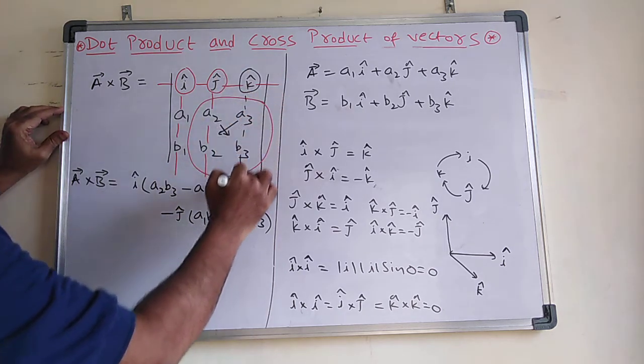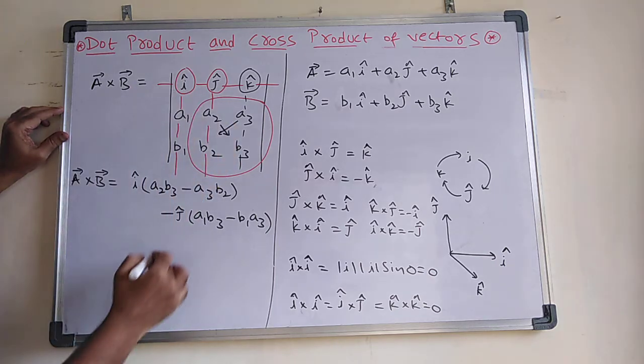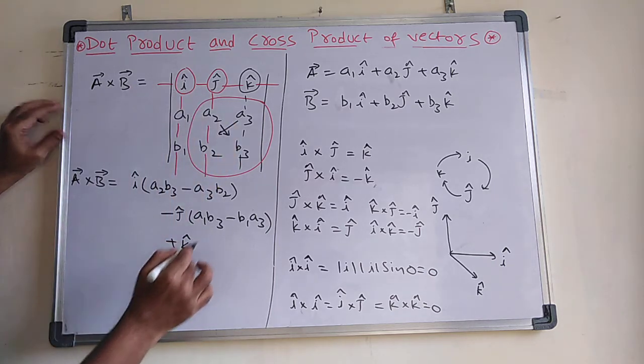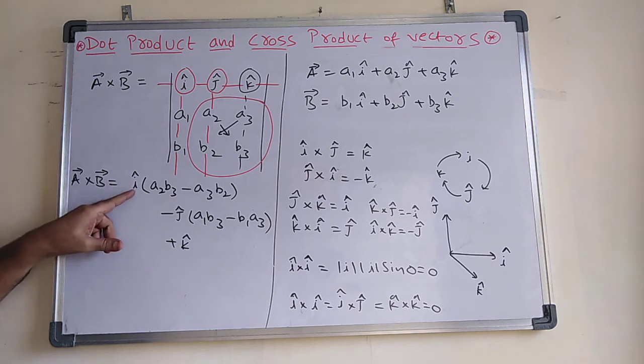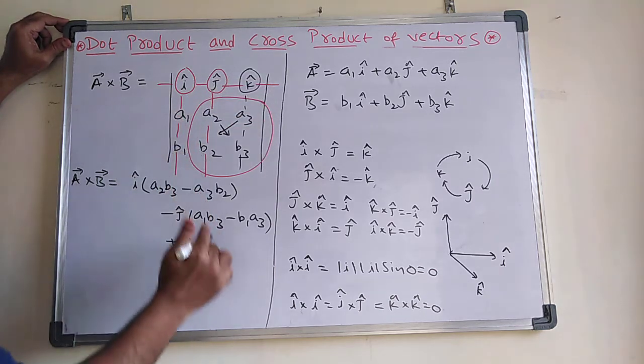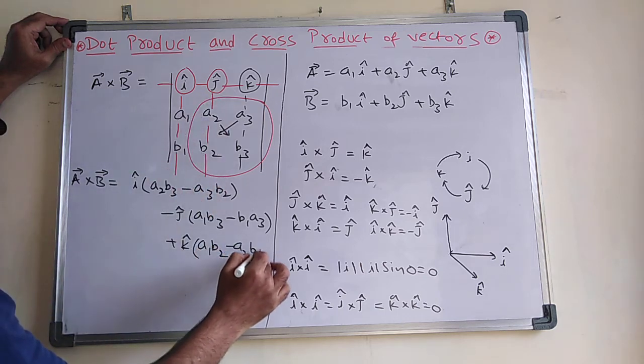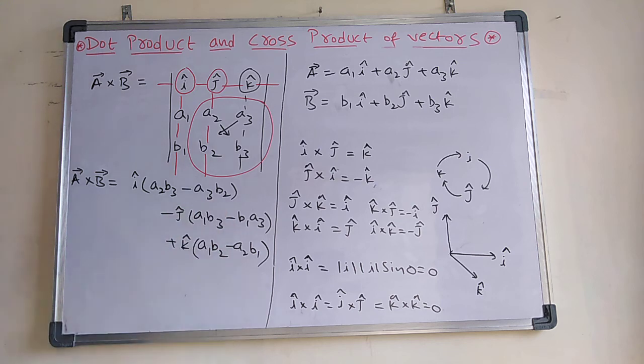Forget about its row and column and take the remaining two. Then plus k cap: first positive, then negative, then positive. So the k term is a1b2 minus a2b1. Then you will get the required answer.